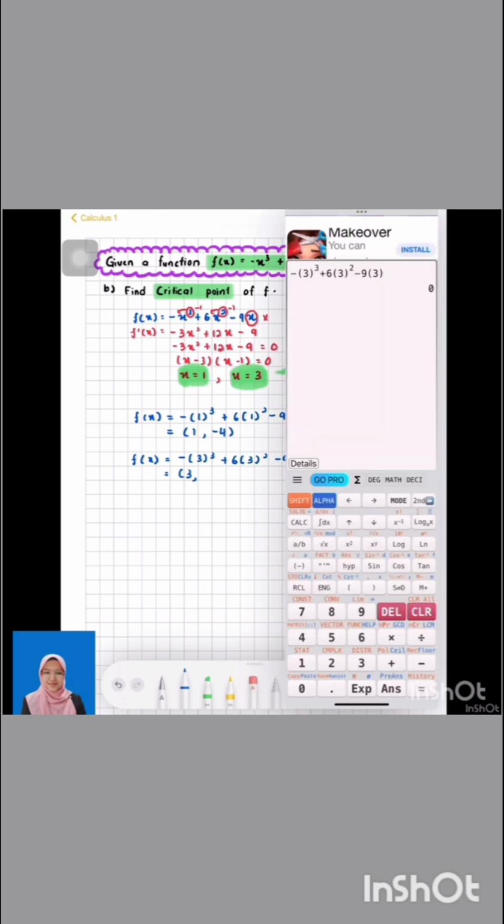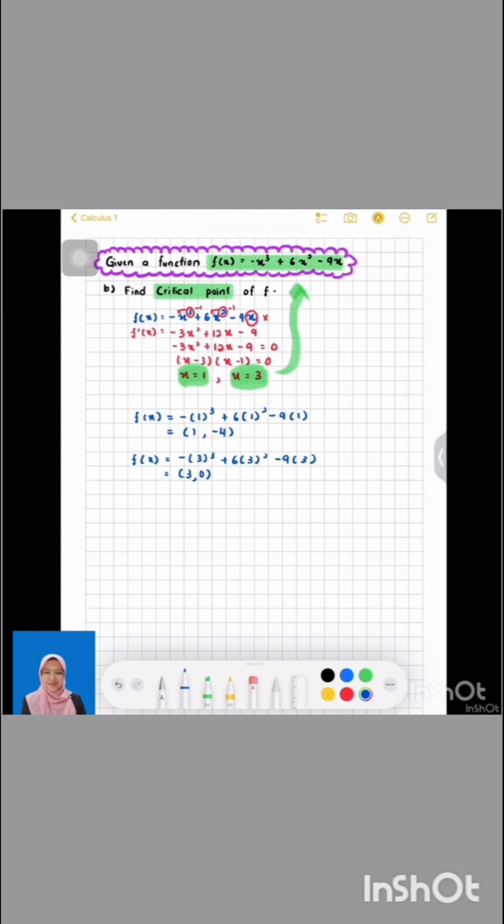And we can get 0. So, critical points, we can get (1, negative 4) and (3, 0). Okay, that's all for me.